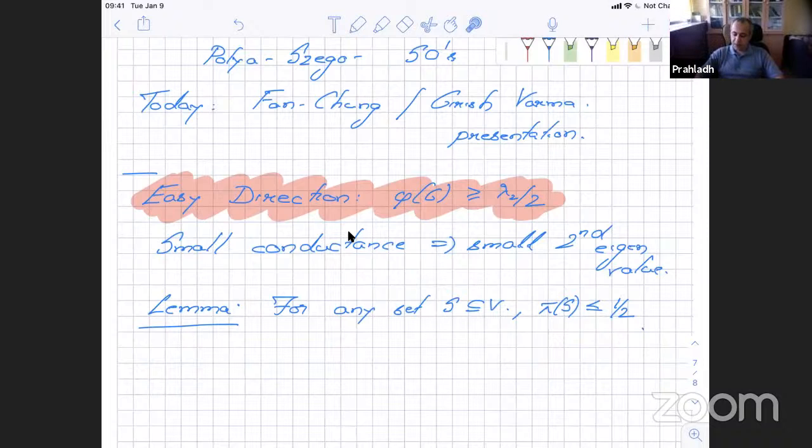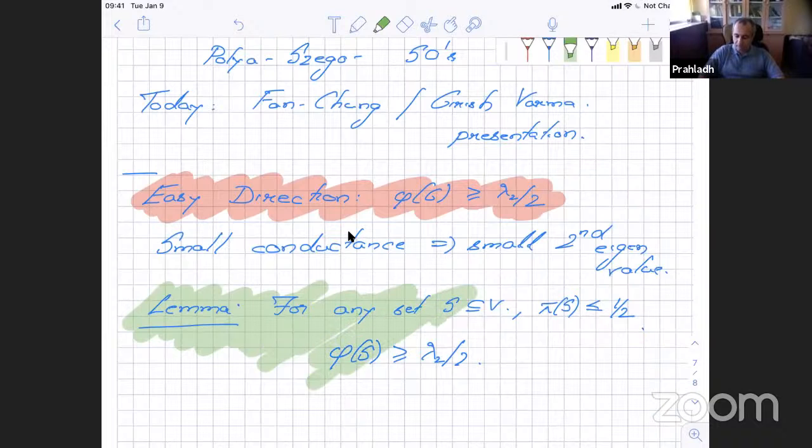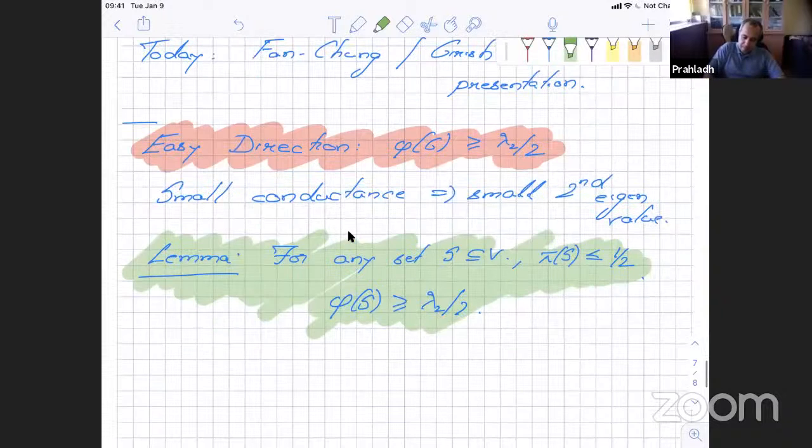So for every set S with pi of S at most half, we'll show that phi of S is greater than or equal to lambda 2 by 2. That would be the easy direction. We prove this using the Courant-Fisher characterization.